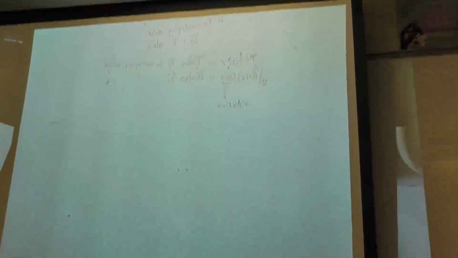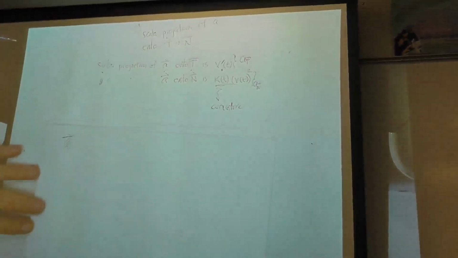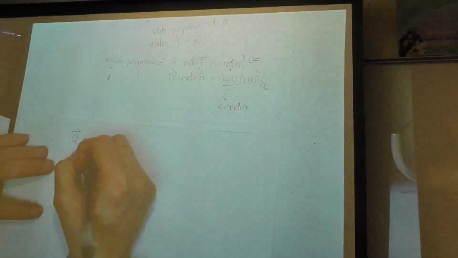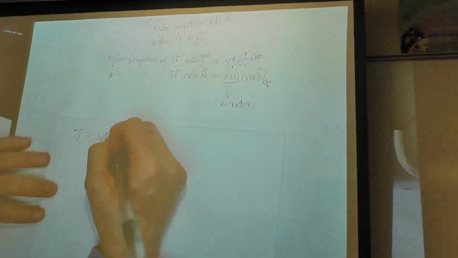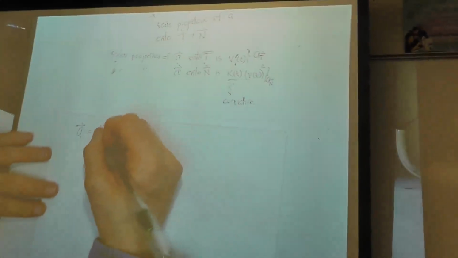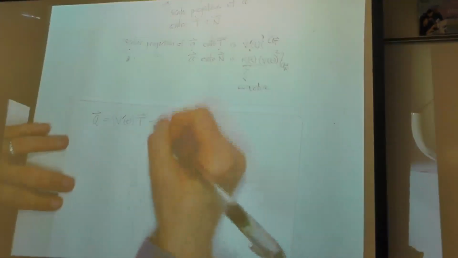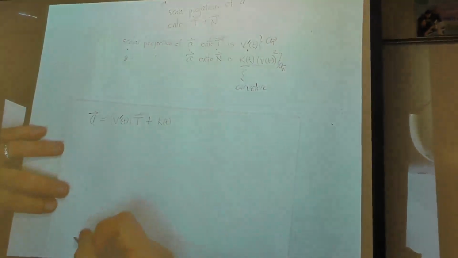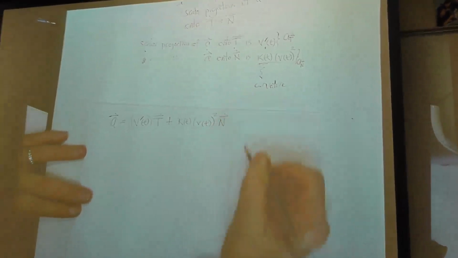I'll supply them. Let me try and indicate what becomes important here. A of T is equal to V prime of T multiplying the unit tangential, plus the curvature at a given point times the square of the speed. That's in the normal direction.